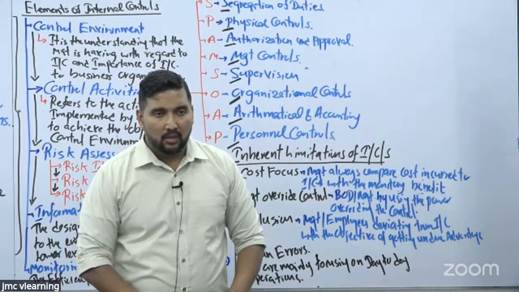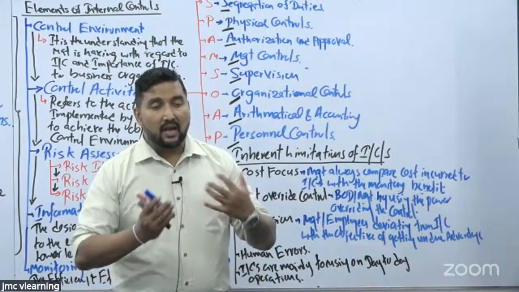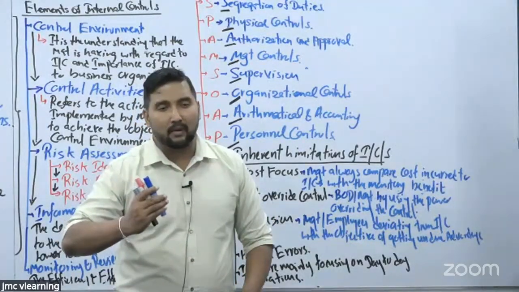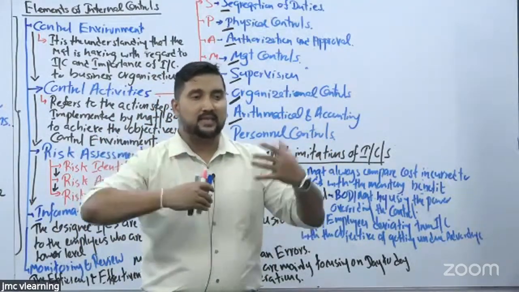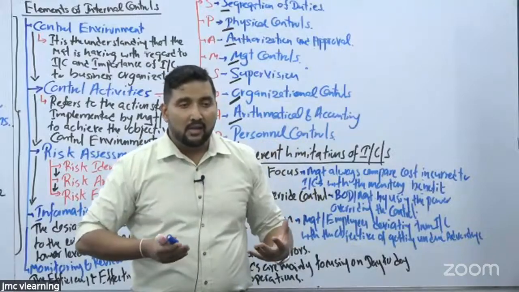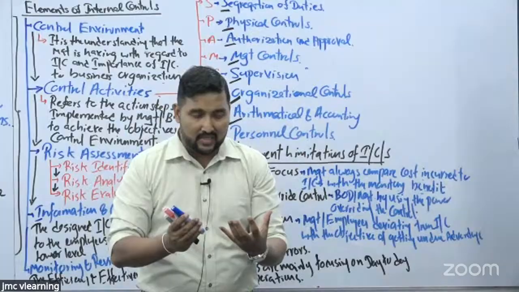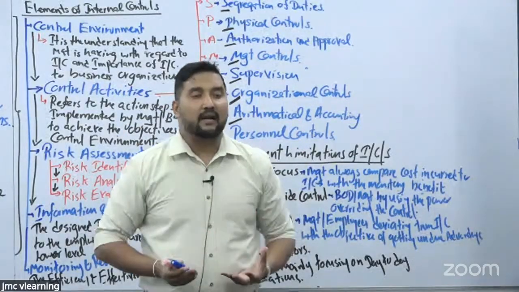No. So therefore, the management is not focusing on internal controls on fixed assets. Sales and debtors, purchases and creditors, cash and bank, inventory. Those are day-to-day transactions. So all the internal controls are built around the day-to-day transactions.